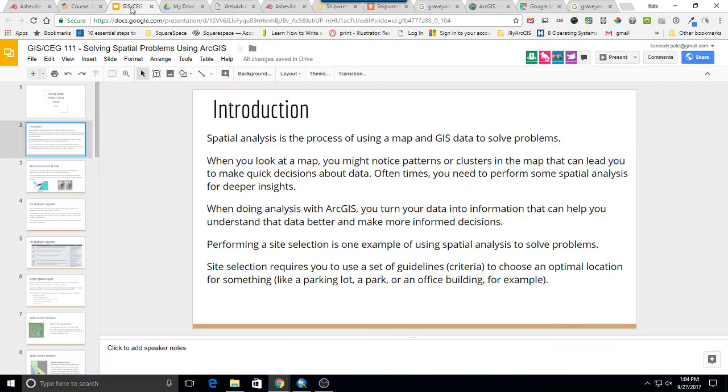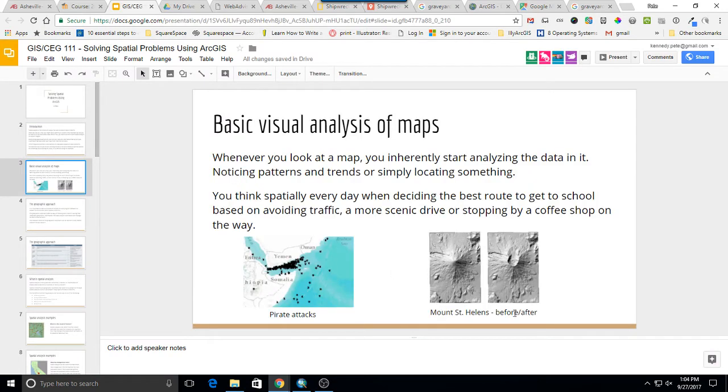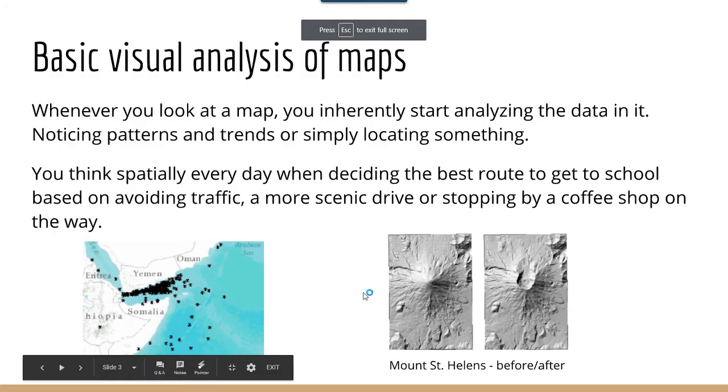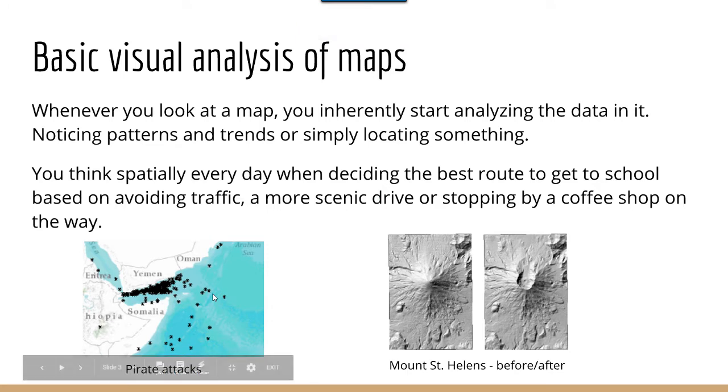And so in the PowerPoint here, we'll look at some other examples of quick basic visualization and analyzing data by visually looking at it. This graphic on the left shows you the pirate attacks near the Horn of Africa between Somalia and Yemen. You can quickly see where they are concentrated, visually looking at the map without doing any kind of sophisticated analysis.